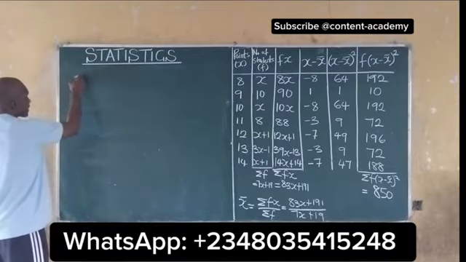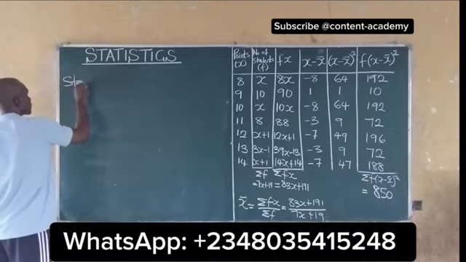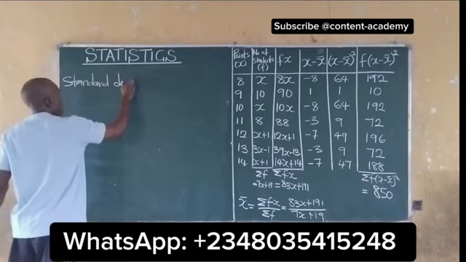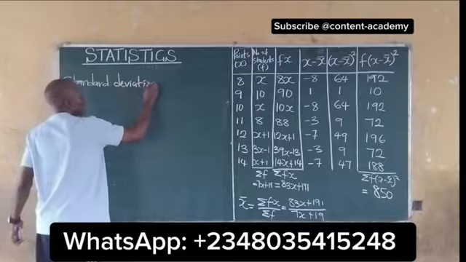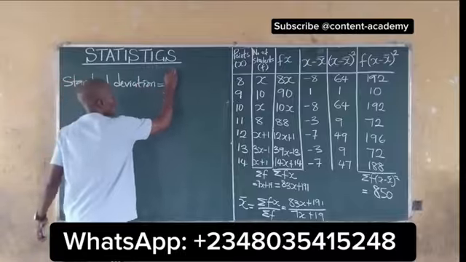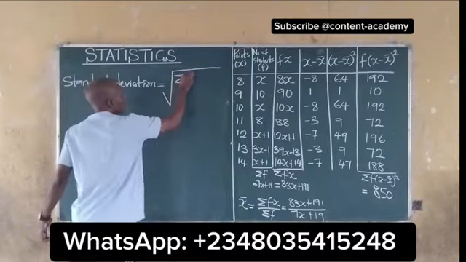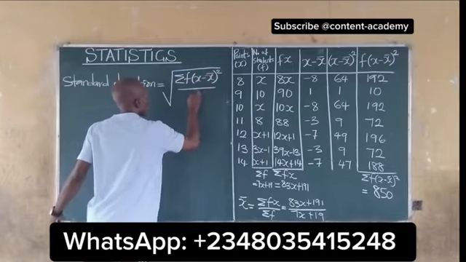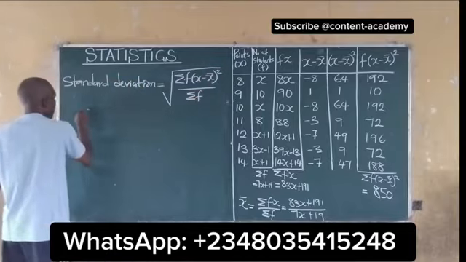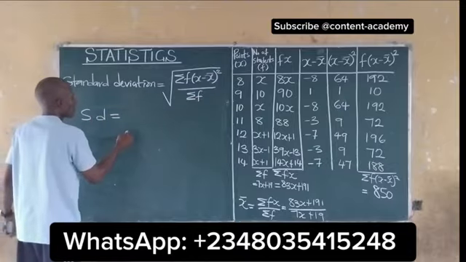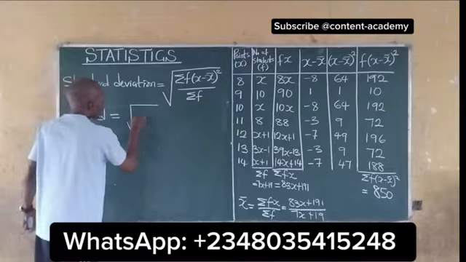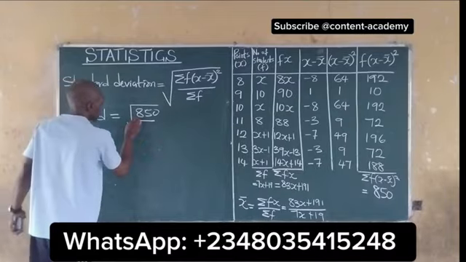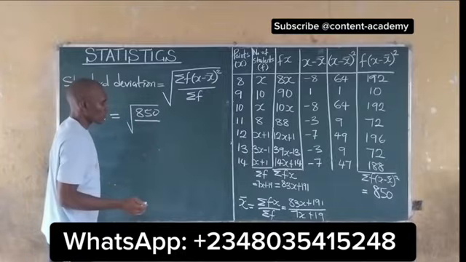The formula for our standard deviation is equal to the square root of summation of f of x minus x bar squared all over summation of f. Now we have our standard deviation of x to be equal to the square root of 850 divided by summation of f.